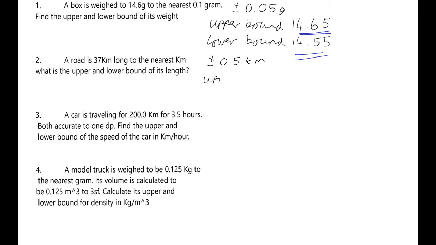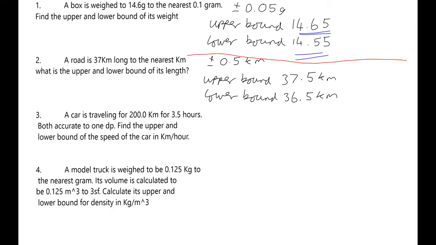So the upper bound is 37 plus half a kilometre, and the lower bound is 37 minus half, so it becomes 36.5 kilometres. Let me just draw a line along here so that it's clear where this question starts. Okay, and that is the second part done.